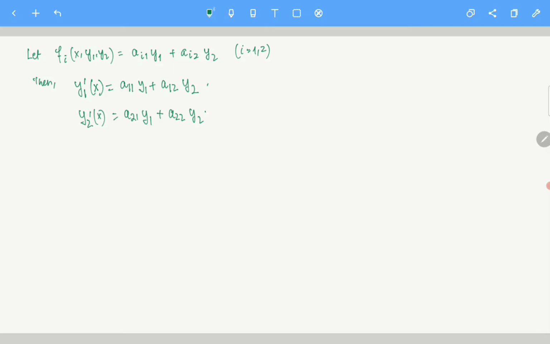Clear? Now this is an example of a linear system. Let's call it 2.